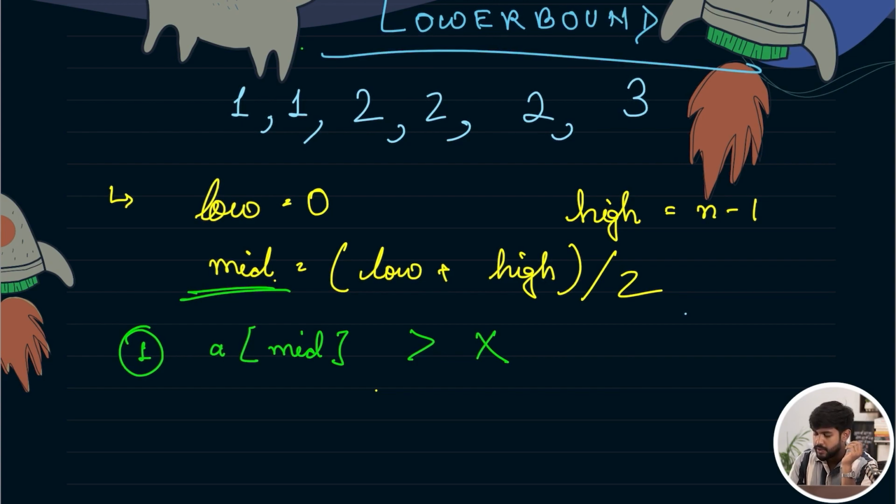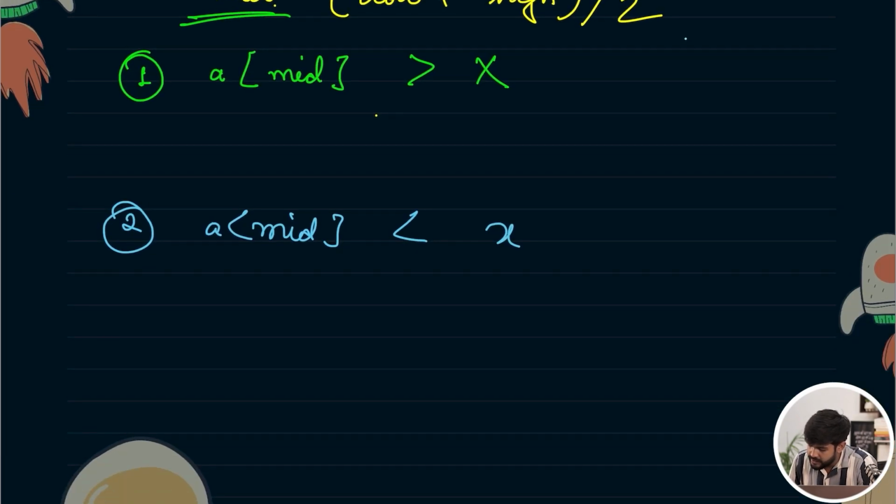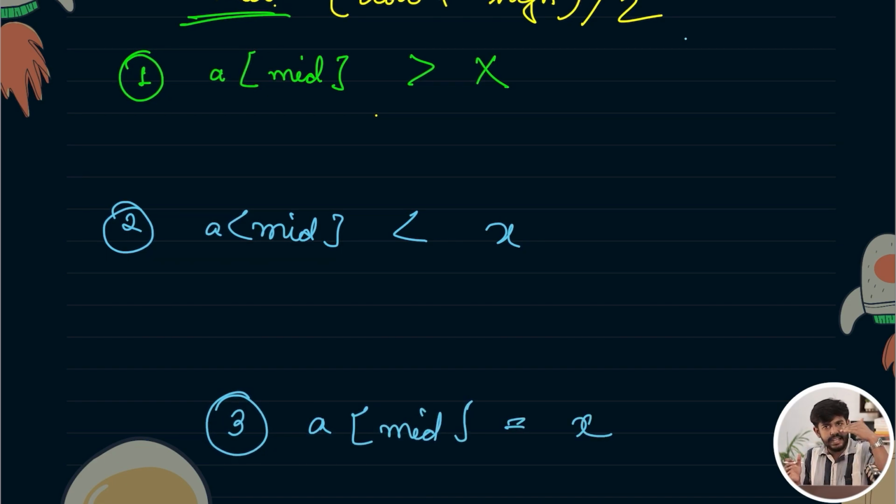So we are doing a lower bound of x, and it might be a scenario that the current element is greater than x. The very next case is A of mid is less than x. And then the third one is A of mid is equal to x. These are the three things that can happen. It can be either less, more, or equal.